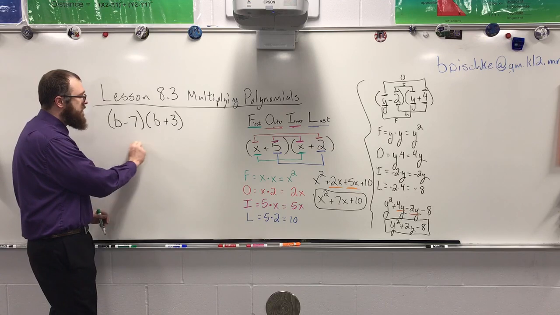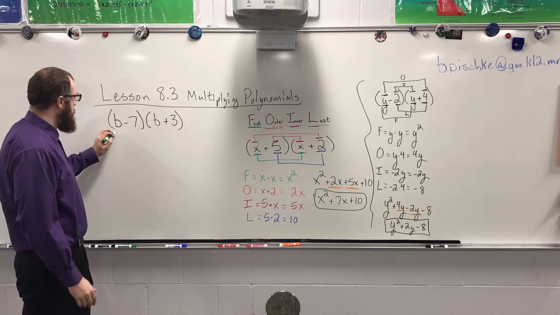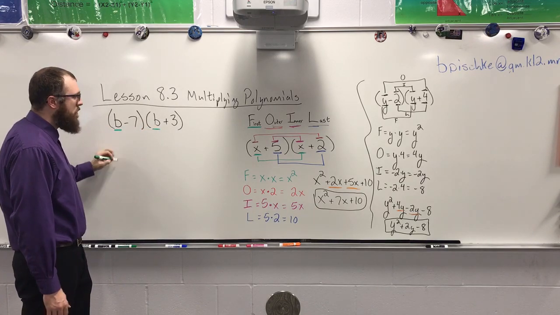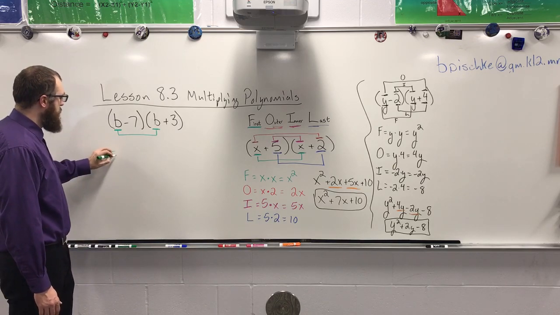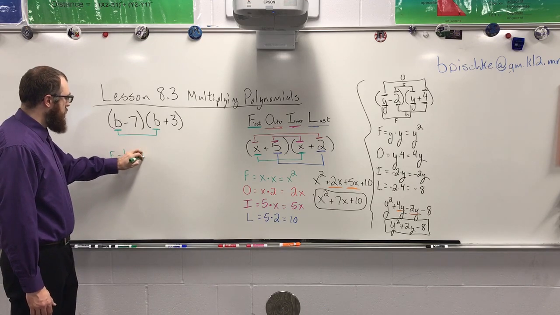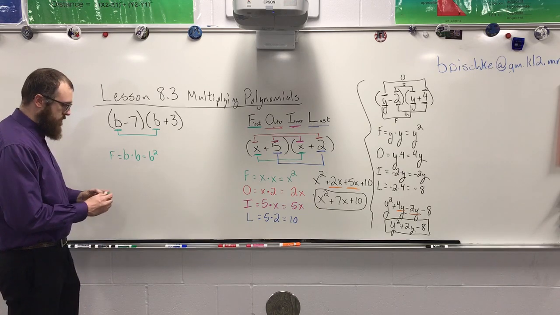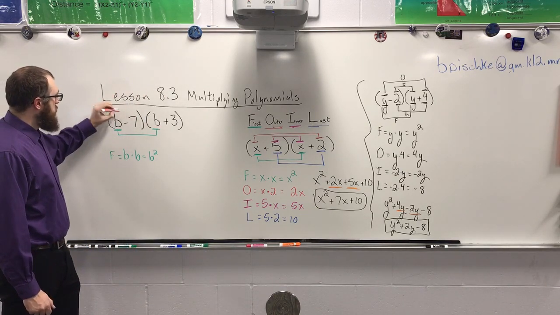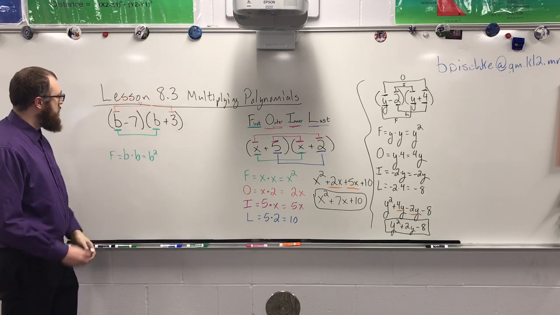B minus 7 times B plus 3. First term in each binomial, B times B, which is B squared. Outers, the two numbers that are farthest away from each other.